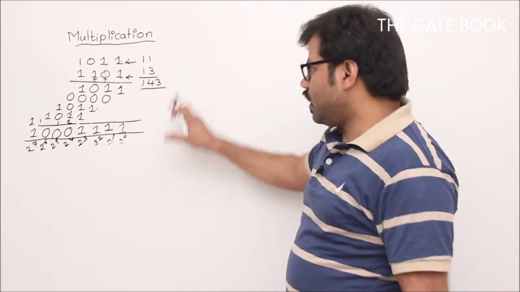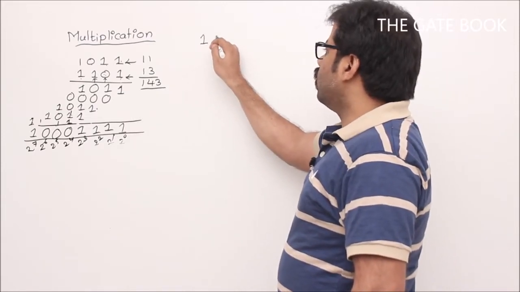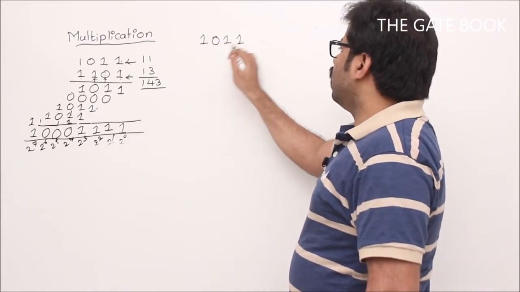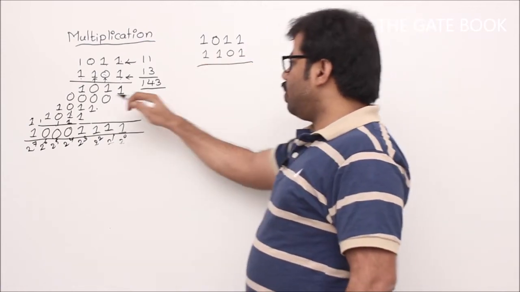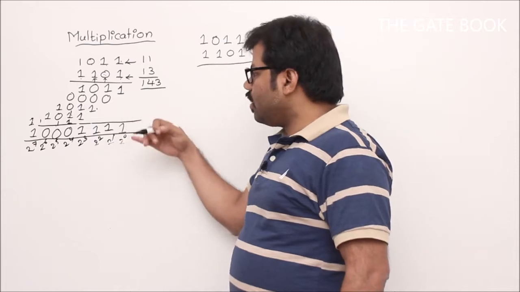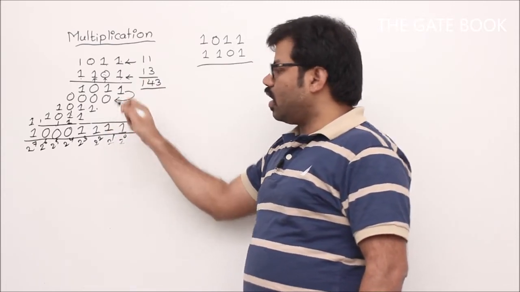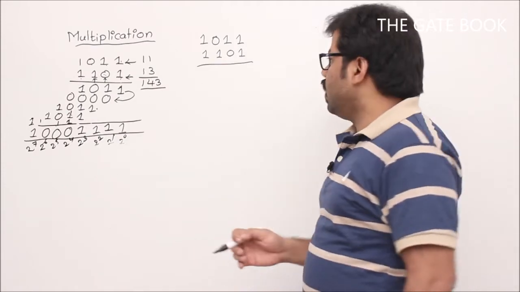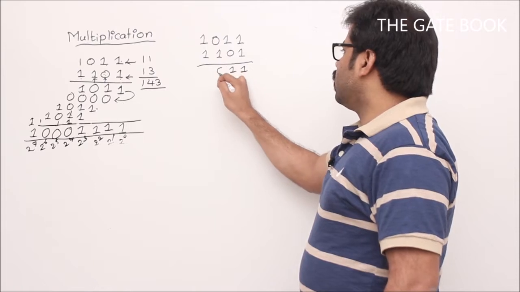So what I am going to do is multiplication in a different way. Try to understand this way also. 1011 and 1101. Here you have partial products, right? Rather than adding them in the end, I will add whenever I create one partial product. That means I calculate the cumulative sum. So 1 1 1, 1 0 0, 1 1 1.